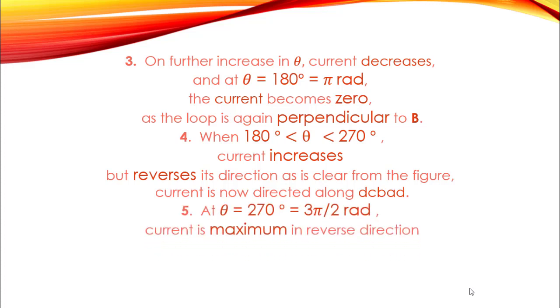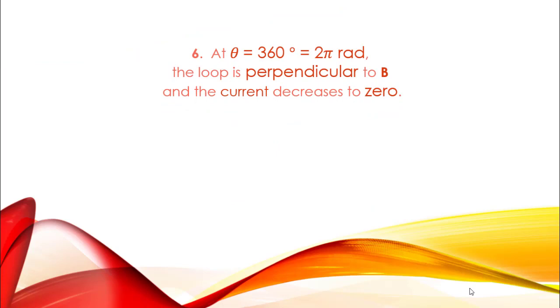At theta is equal to 270 degrees or 3 pi by 2 radian, the current is maximum but in reverse direction. It is equal to I0 but with a negative sign, and the loop is parallel to B. Case number 6. At theta is equal to 360 degrees or 2 pi radians, the loop is perpendicular to B and the current decreases to 0. One rotation has been completed.